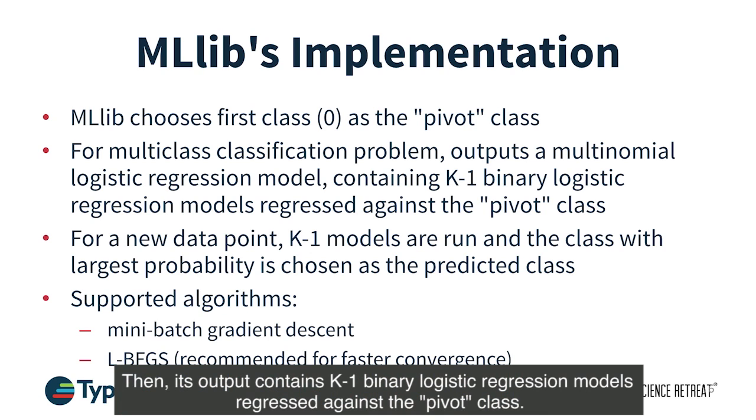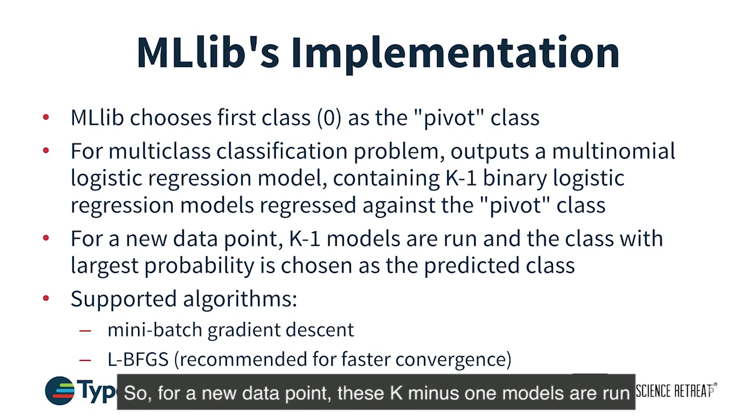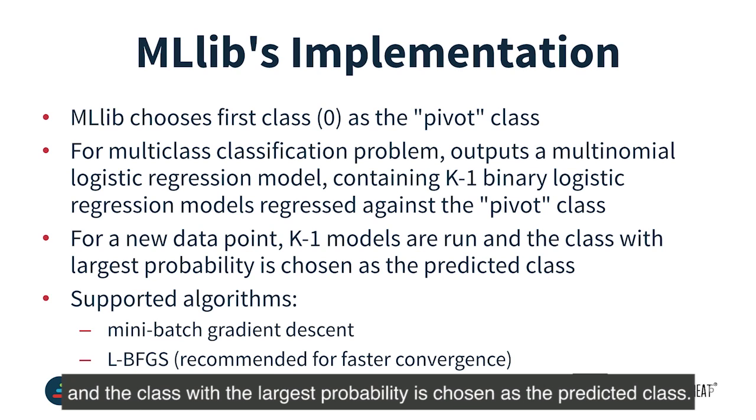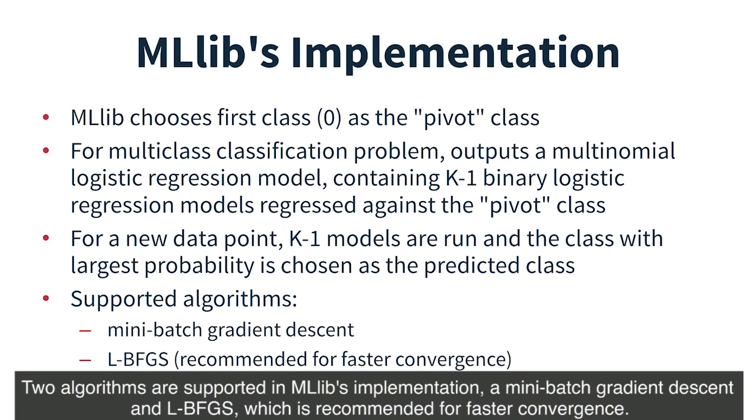Then its output contains k-1 binary logistic regression models regressed against the pivot class. So, for a new data point, these k-1 models are run and the class with the largest probability is chosen as the predicted class.